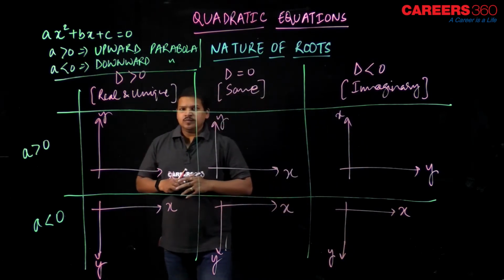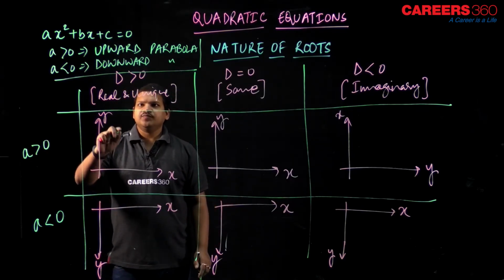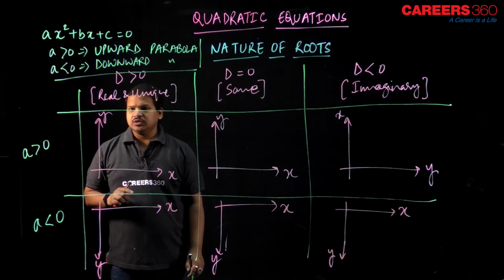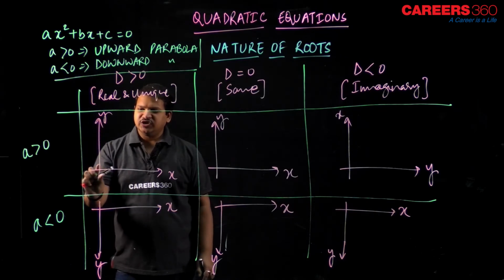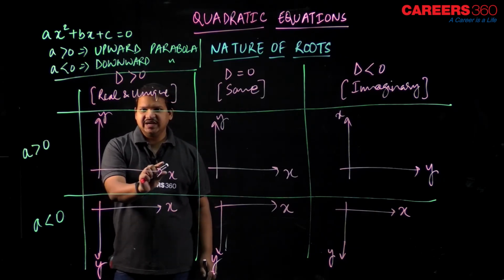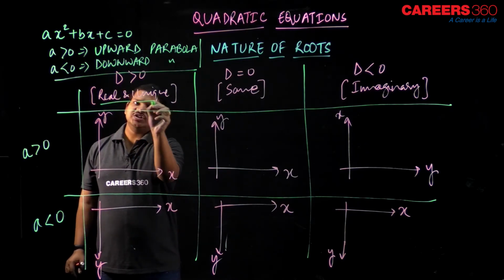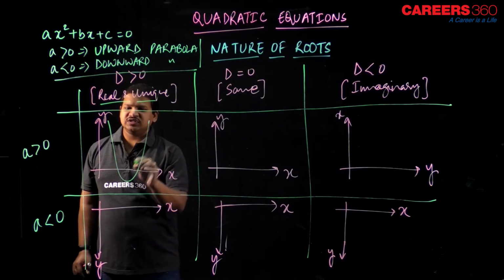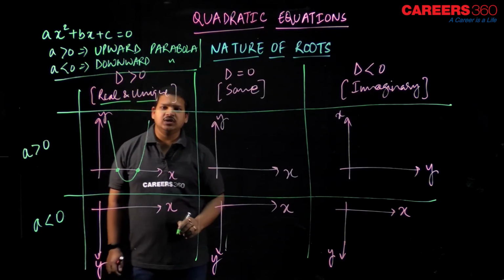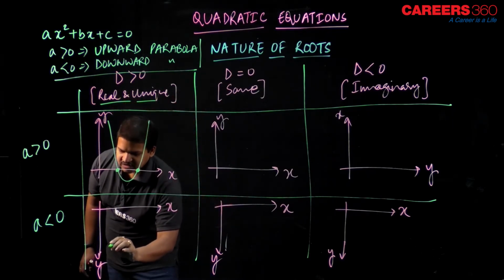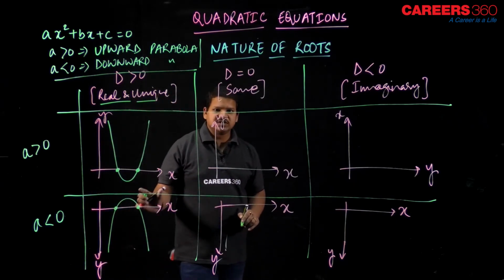If I plot this graph, this is the case D is greater than 0, and y is the value of the function and x is the unknown. If I plot the parabola with two distinct values, it will look like this, where we have two unique roots. And in the same case, it will look like this when a is less than 0. I hope it is clear.